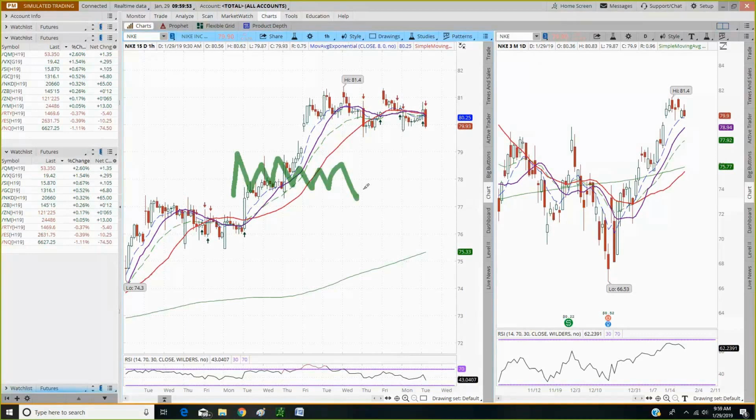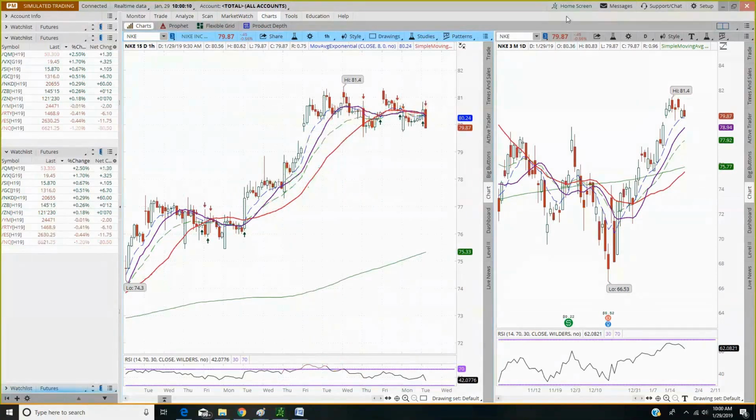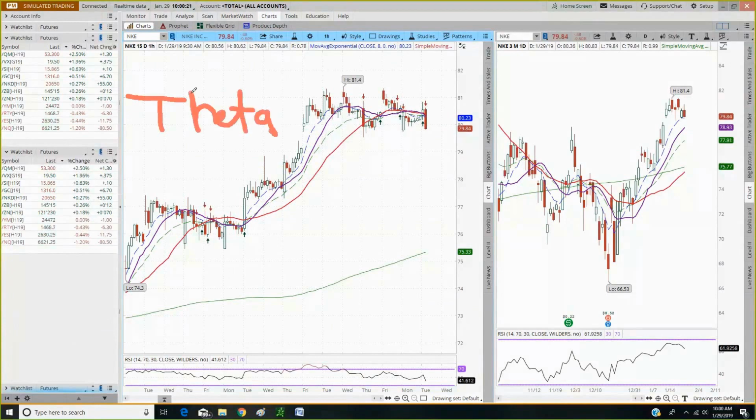Now, if I sell a bear call spread up here, don't get me wrong, I want the stock to tank. But if it goes sideways, choppy and sloppy, it doesn't matter because remember, when we sell theta, which is time decay, does time decay help us or hurt us when we sell?